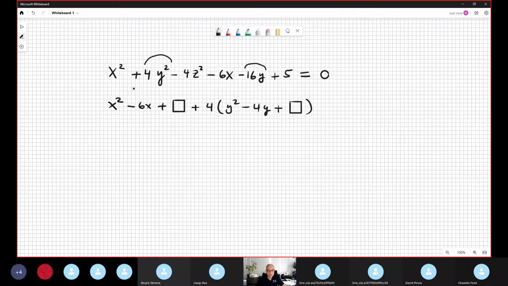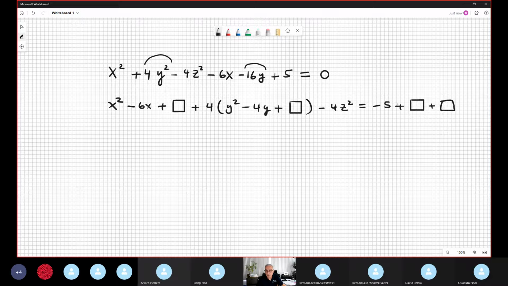Now the Z part: Z has no linear term, that means Z has no translation. Okay, super, I like that. Minus 4Z squared, not necessarily completing the square, equal. And the right-hand side, I move minus 5, and actually we have two boxes.